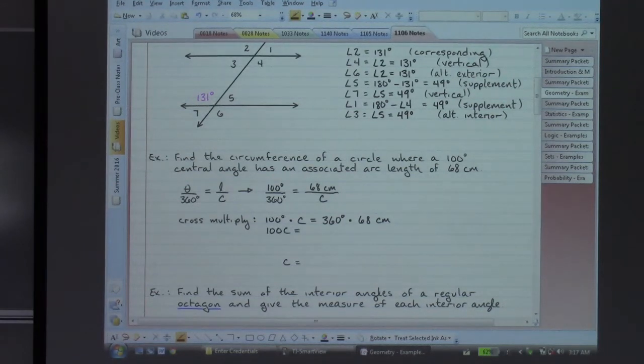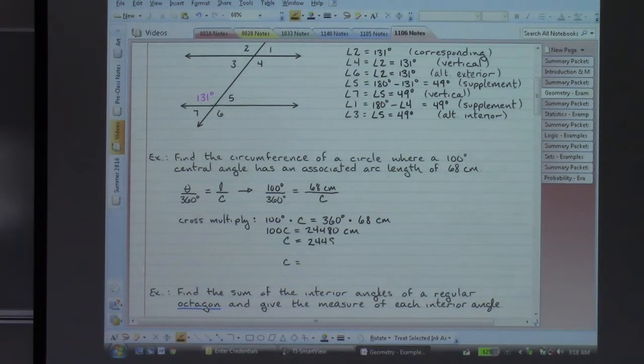And the 360 times the 68 would give us 24,480. We cannot remove the centimeters measurement, but we can get that C for circumference by itself if we divide on both sides by 100.